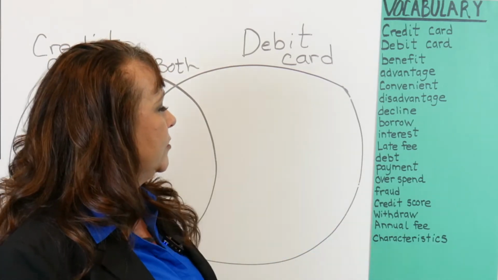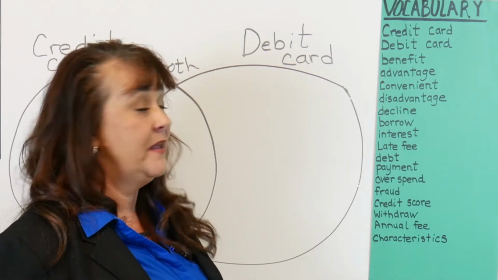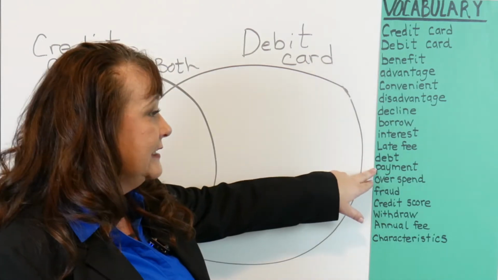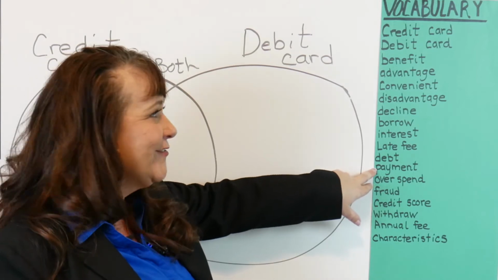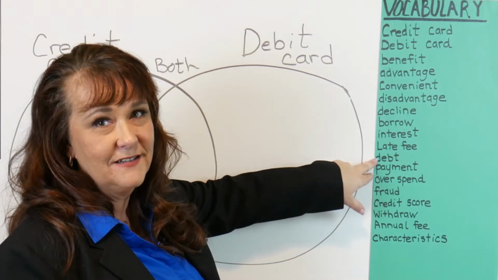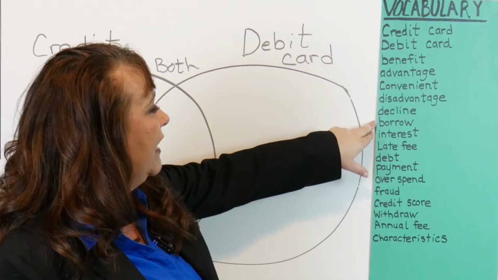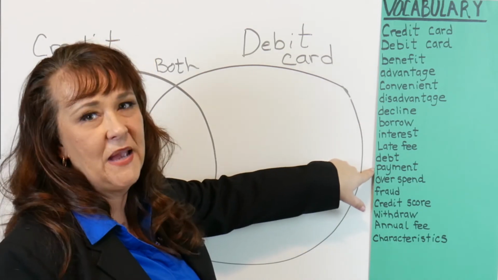Then we have the word payment. You try it. Payment. Payment is money that you give to pay off your debt or to pay off money that you have borrowed. That is a payment.